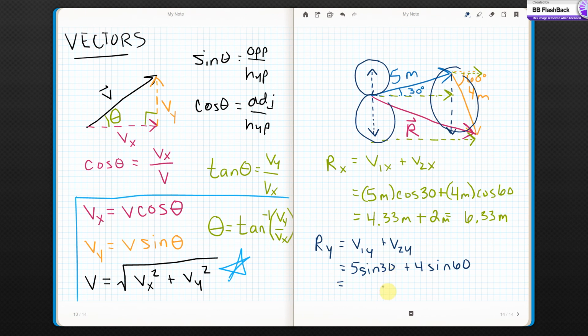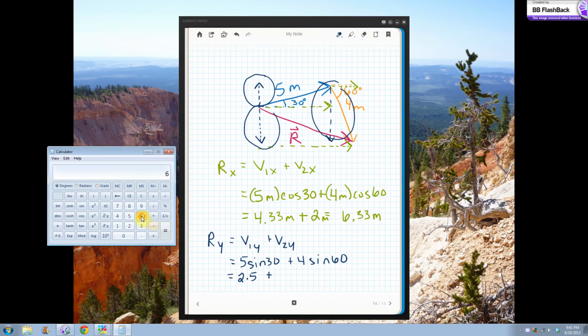Sine of 30 is 1/2. So I'm going to get 2.5 plus, this time, sine of 60 times 4, 3.46.